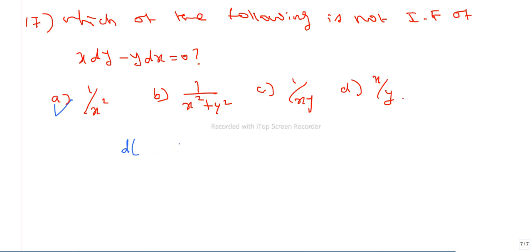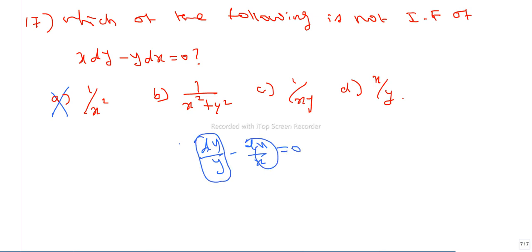Now suppose you multiply with 1 by xy, the equation becomes dy by y minus dx by x, and this is also exact, separable variables. Therefore if you multiply by 1 by xy, the equation becomes exact. Therefore this is not a correct option.